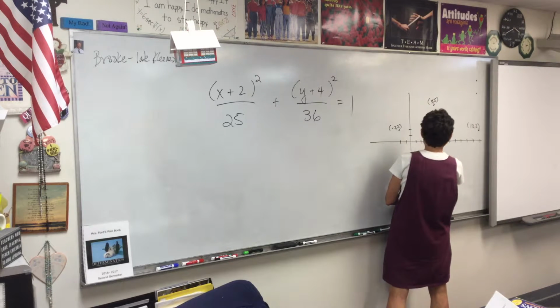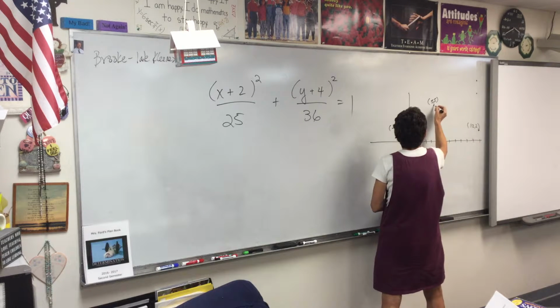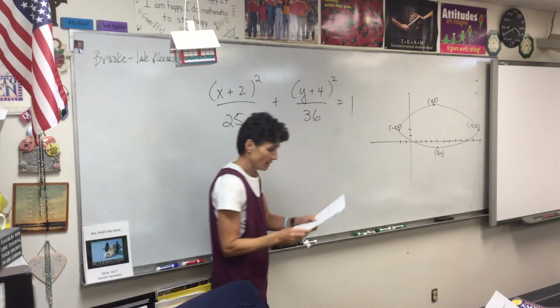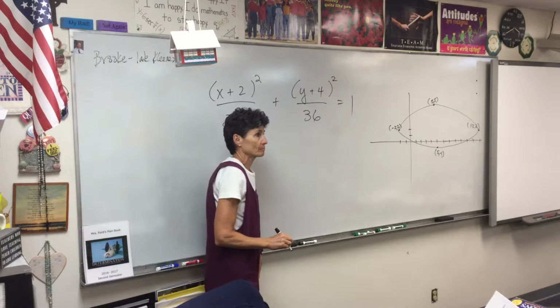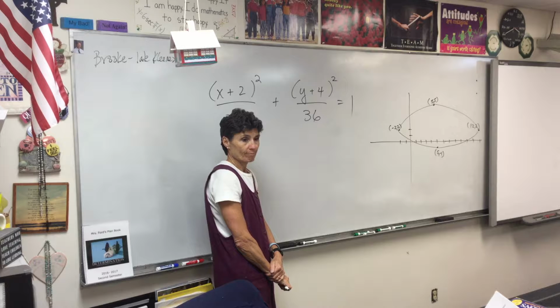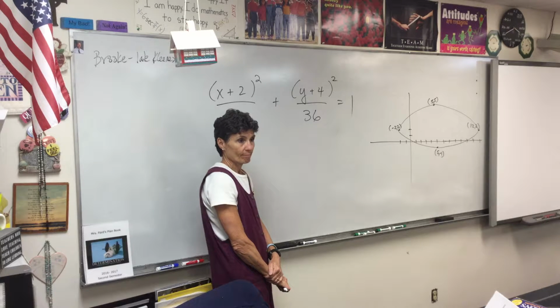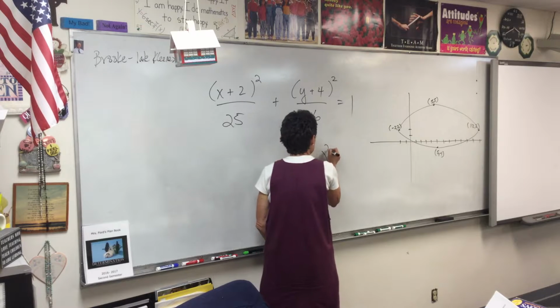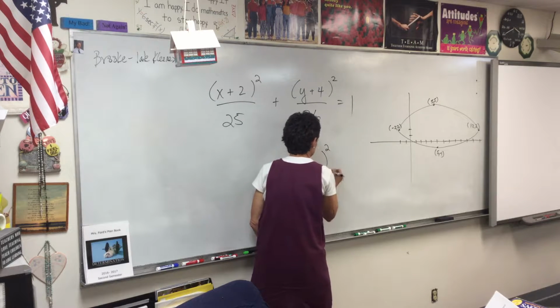And 5, -1. So there's a picture of my ellipse. I'm going to write an equation just like I did before.